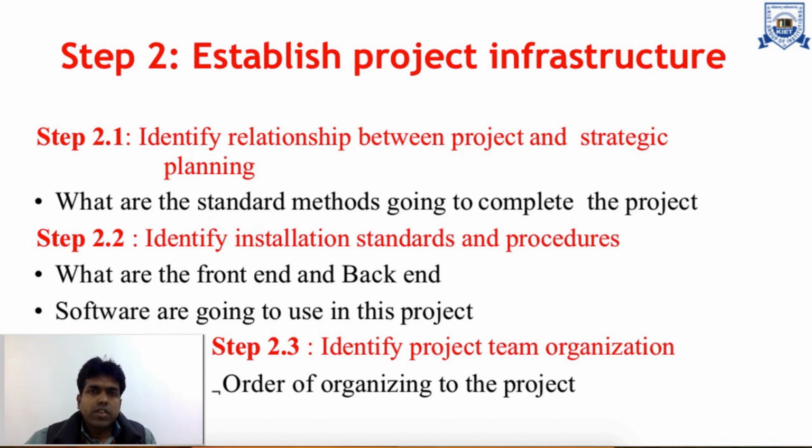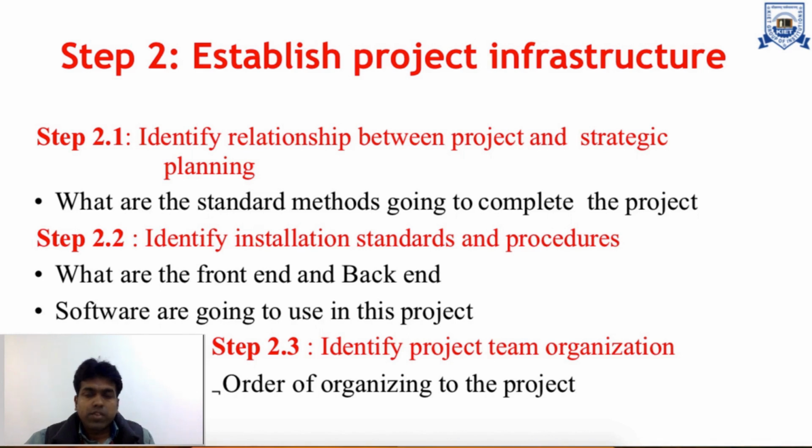Actually, in project infrastructure, we basically see whatever infrastructure exists, and whether it can be used for the new project implementation or not. So it involves things like back end, front end, and all other software tools, and then identify the team organization.